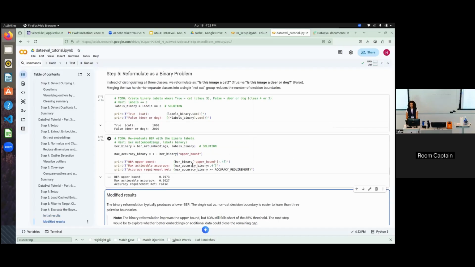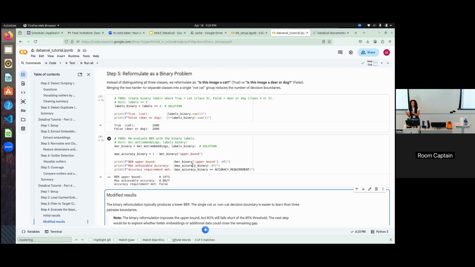And we're still not getting the accuracy that we want. This also shows that just because you reformulate the problem doesn't necessarily mean it's going to fix everything. There might be other areas that you need to reevaluate in order to get the accuracy that you want, or maybe the accuracy that you want is not possible given the constraints that you have.